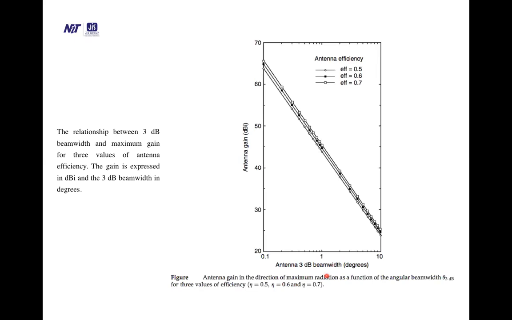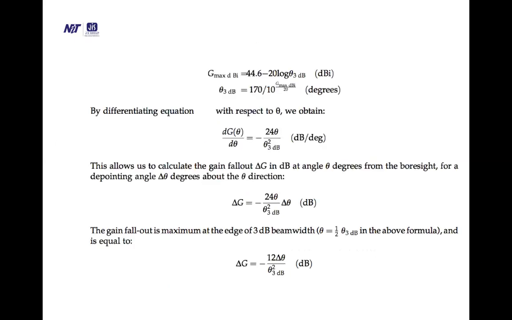The relationship between 3 dB beamwidth and maximum gain is given for three values of effective antenna efficiency, 0.5, 0.6 and 0.7, showing the 3 dB beamwidth and at the same time the antenna gain. So Gmax in dBi is equal to 44.6 minus 20 log theta 3 dB.